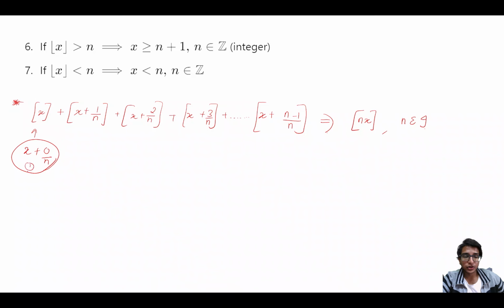I have to start my numbering from here. This would become 2, this would become 3, and n minus 1 would become n. So there are n terms in this series. Keep this formula in mind so that whenever you solve questions, it becomes easier for you.